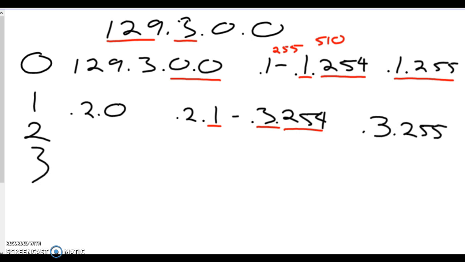So each row I'm consuming 512 addresses and incrementing. Think of it like you're driving down the road. Your car mileage increments the far right side first, and then it starts again.